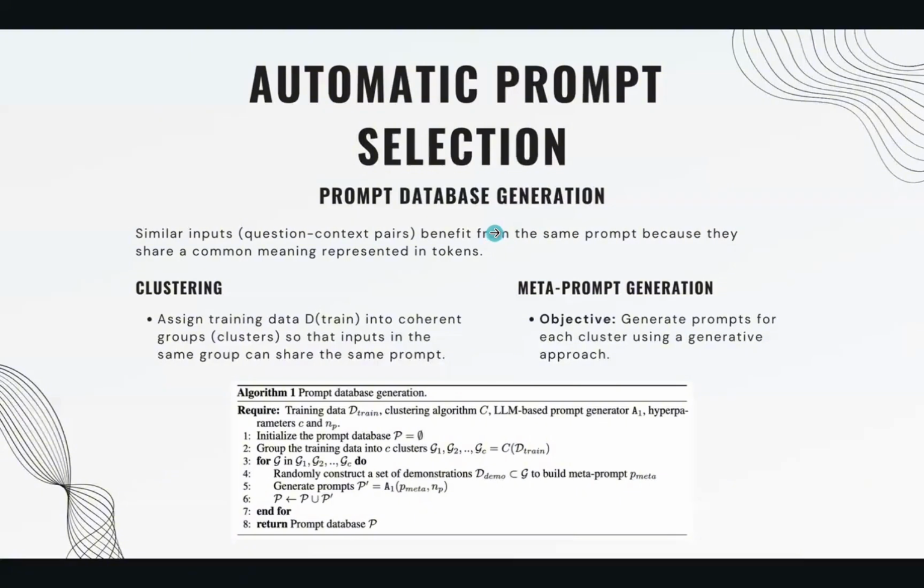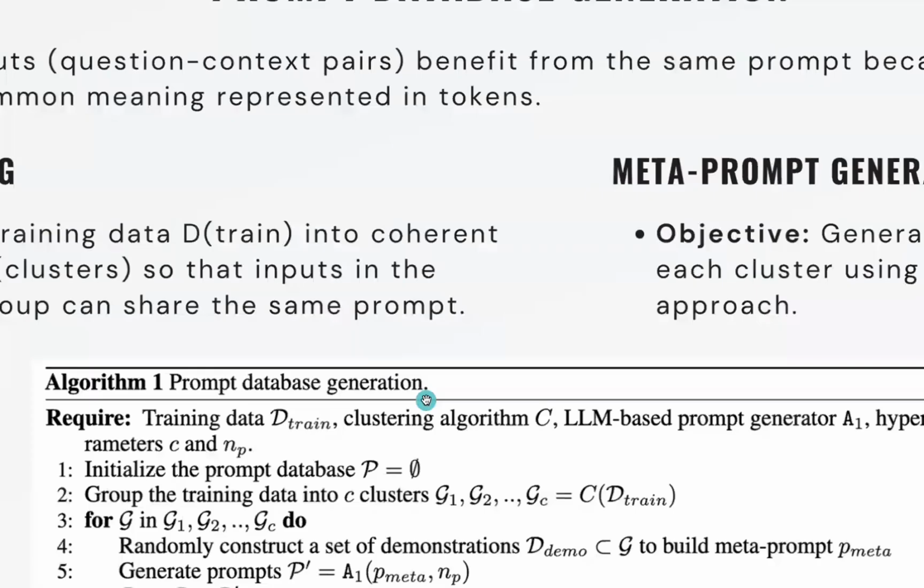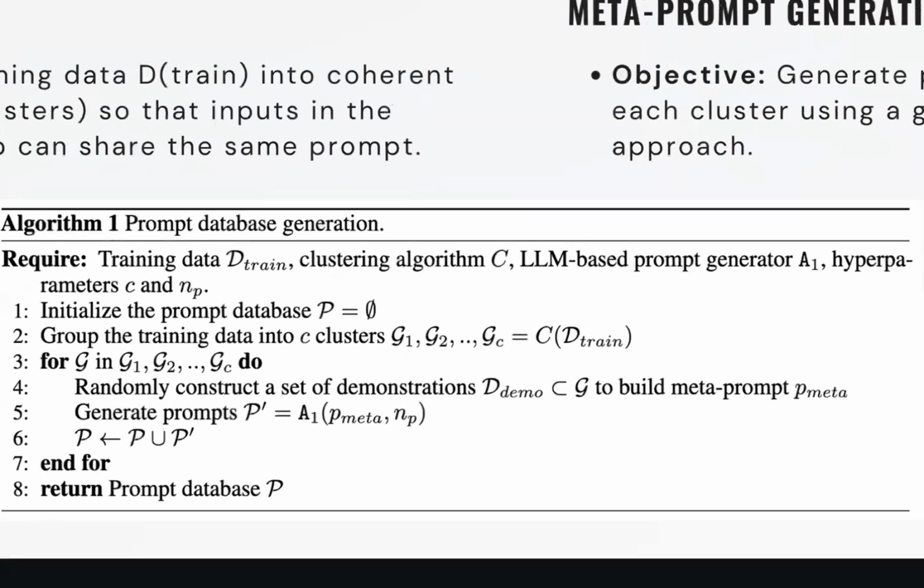And there are some advantages of this approach. Compared to manually crafted prompts, this method provides more creative and diverse candidate prompts and automates prompt generation, reducing reliance on human-created prompts. For example, here's the algorithm for prompt database generation.